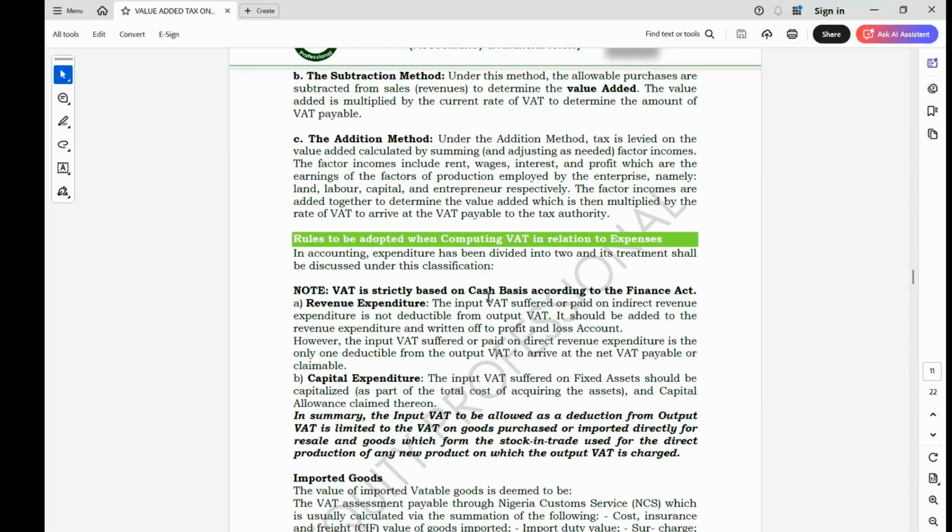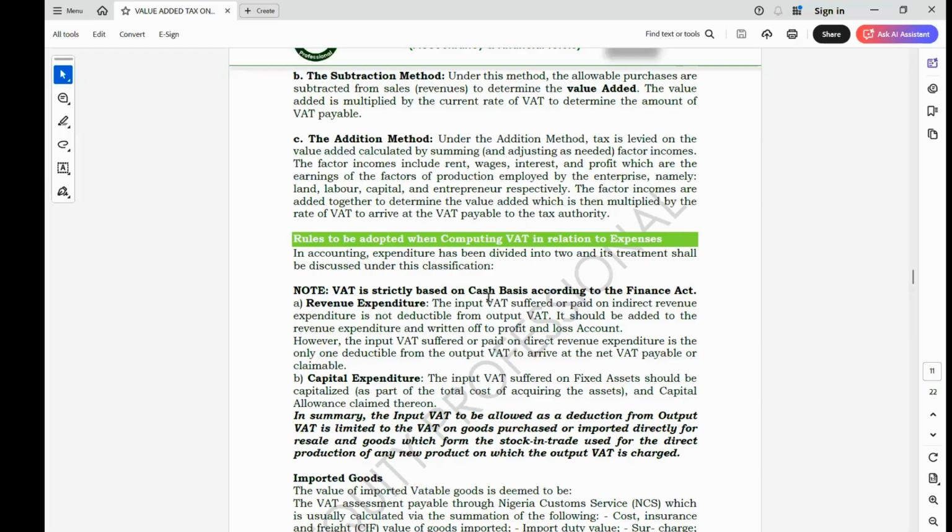So their major activity will be to provide accommodation, they are going to be selling food, and they are also going to be selling drinks. So those are their three major activities. These three activities form their revenue expenditure. Any expenditure incurred on these three activities will be revenue expenditure.